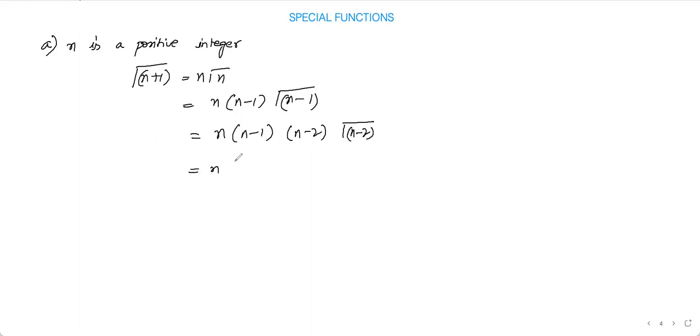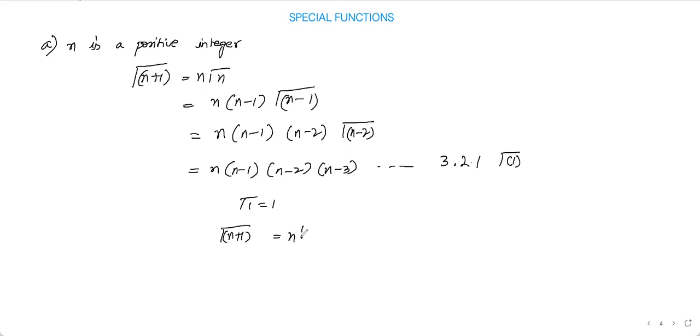And so it will be n into n minus 1, n minus 2, n minus 3, up to 3 into 2 into 1, gamma 1. But gamma 1 is equal to 1. Hence gamma n plus 1 is equal to n factorial, if n is a positive integer.